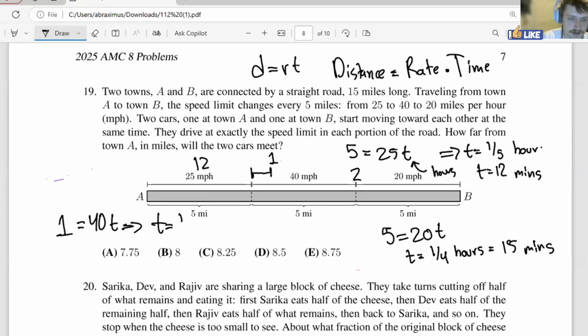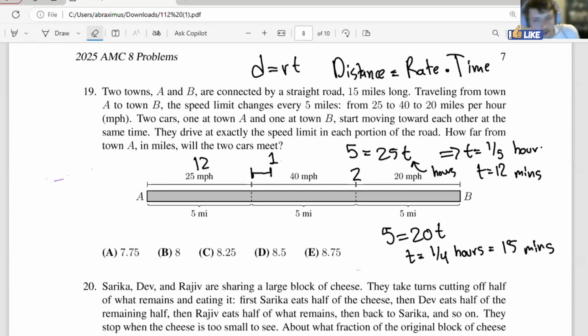So t is equal to 1/40 of an hour. 1/40th of an hour is a minute and a half. So, wait, maybe that's not the correct calculation. Sorry, I've been doing math all day, even before I got here.